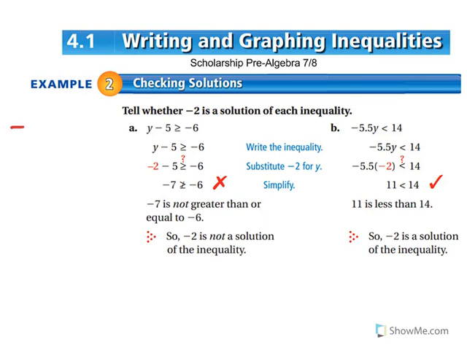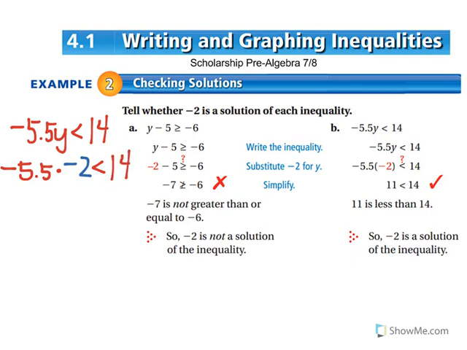Over here we have -5.5 y is less than 14. I'm going to put in my value for the y. So I have -5.5 times -2 is less than 14.